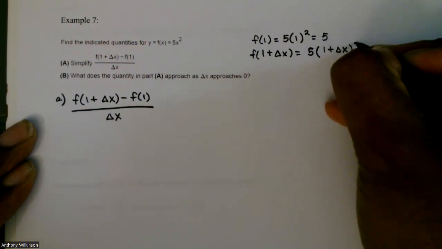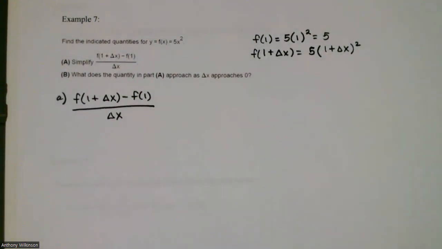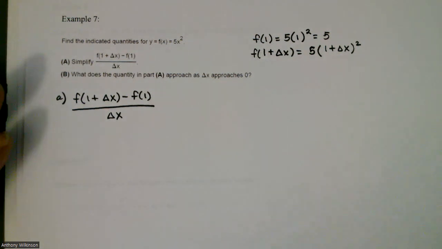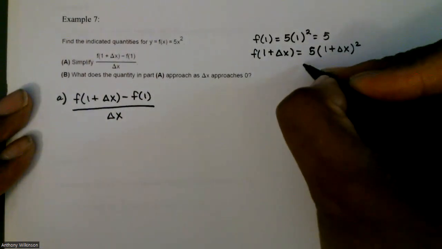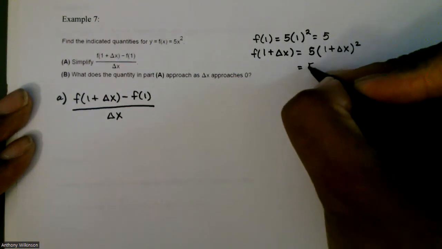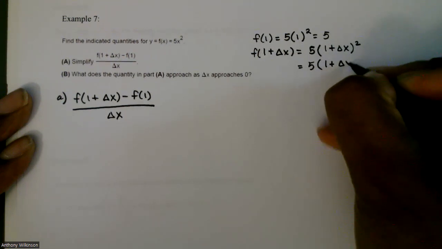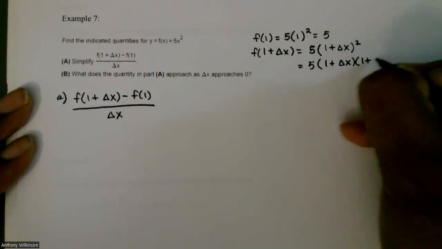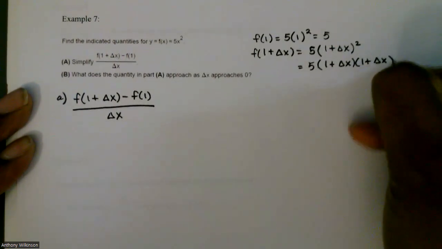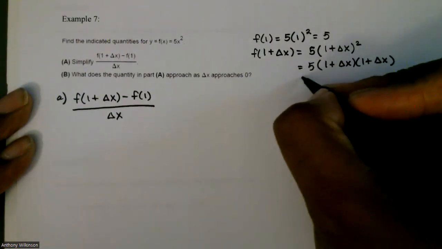So I got 5 times 1 plus delta x, and that's going to be squared. In this case here, that 1 plus delta x squared, I can write as 1 plus delta x times 1 plus delta x, since it's being used as a factor twice.